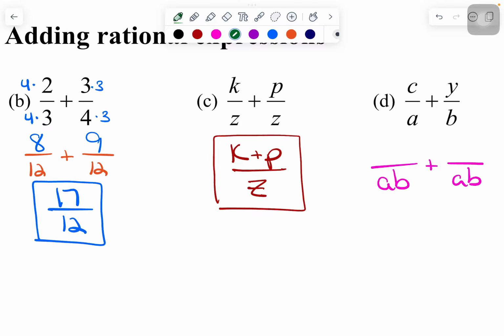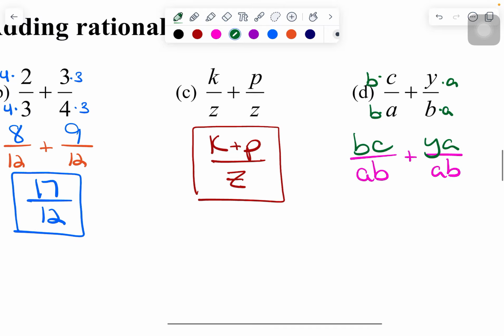So let's figure out how I changed each of these denominators and match it in the numerators. Originally I had A, now I need AB. So that means I needed to multiply times B. So BC. And then I had B, but now I need AB, so I had to multiply by A. So YA, or you could have AY, it doesn't matter for the order on any of these.